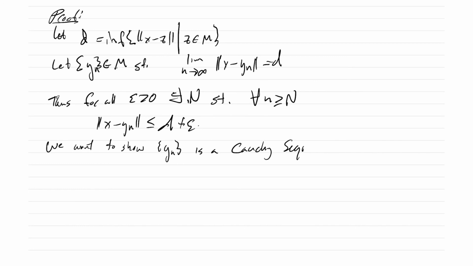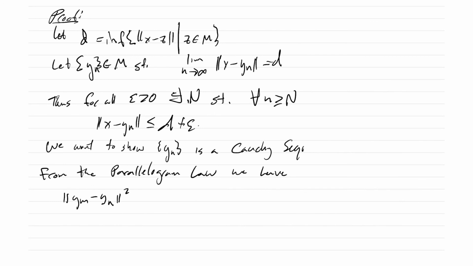Okay. So now we want to show this Cauchy sequence, and this is going to use the parallelogram law. So from the parallelogram law, we have the following. We have ||y_m - y_n||^2 plus ||2x - y_m - y_n||^2 is equal to 2 times ||x - y_m||^2 plus 2 times ||x - y_n||^2.